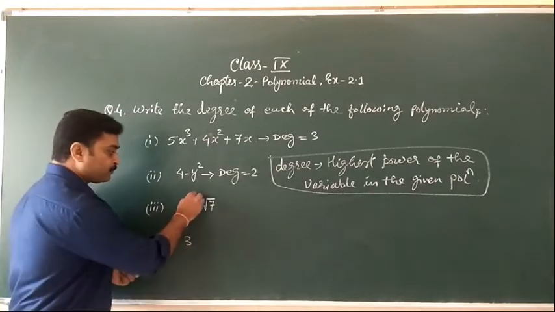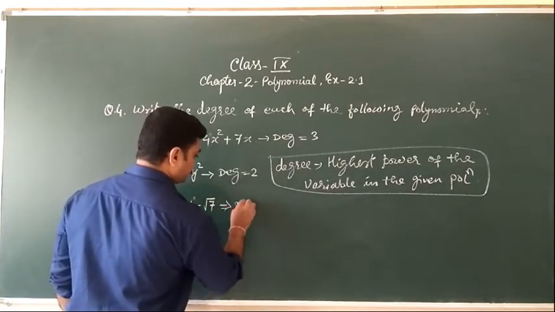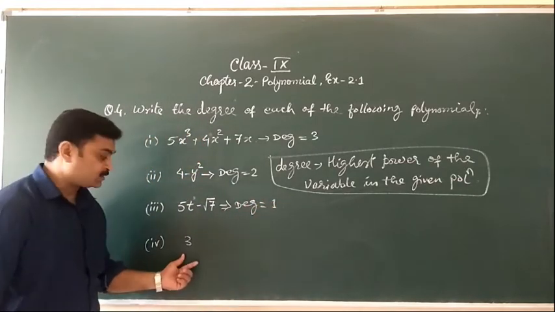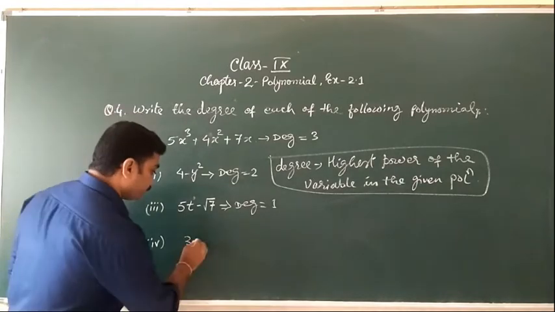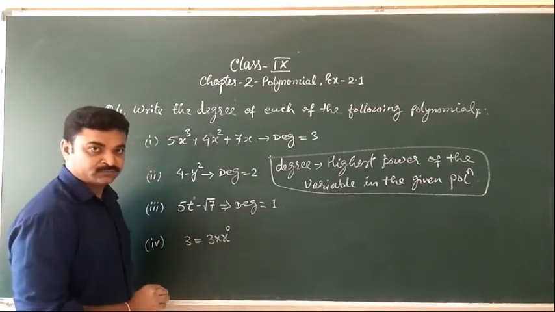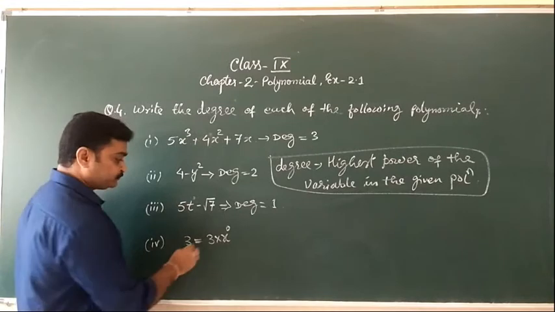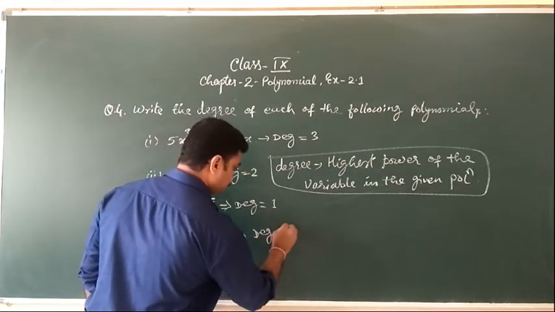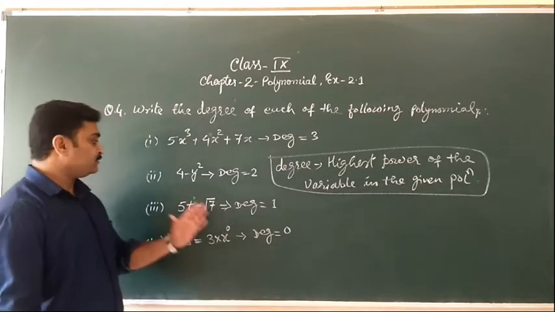That is degree 1. But in the fourth question, there is no variable. So we can write 3 as 3 into x to the power 0, because x to the power 0 is equal to 1. So here degree is 0. That's all. So here we end question number 4.